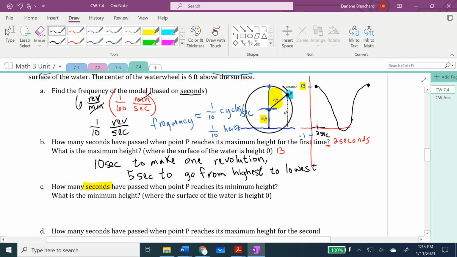Then when I add in the fact that it was at its highest value 2 seconds after starting the stopwatch, I have to add 2 seconds to the 5 seconds to get 7 seconds. Then what is the minimum height? And again, that is -1.